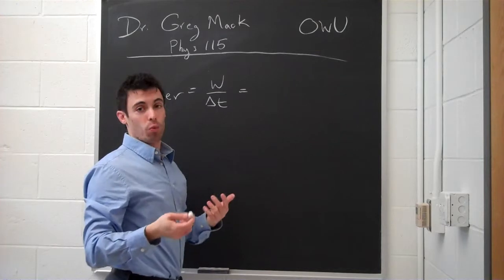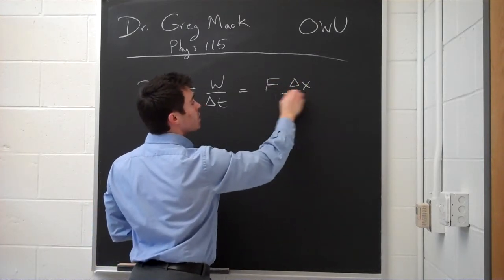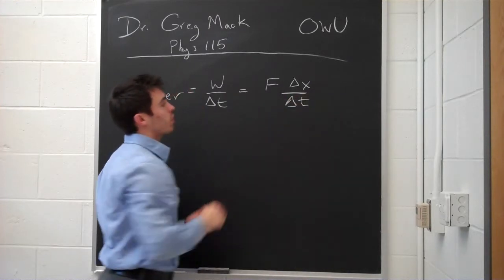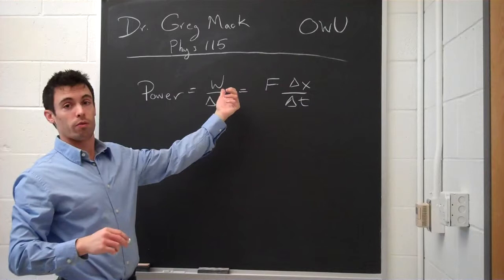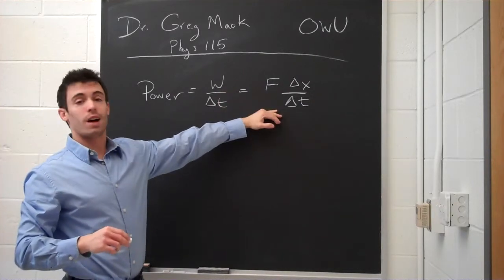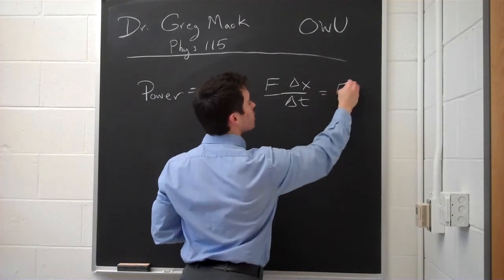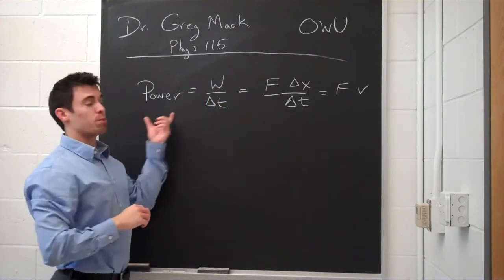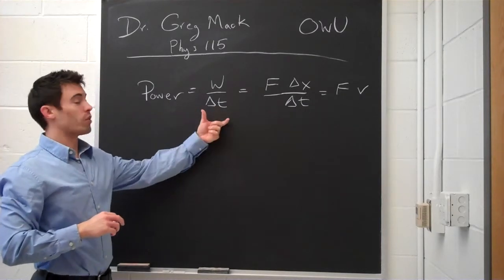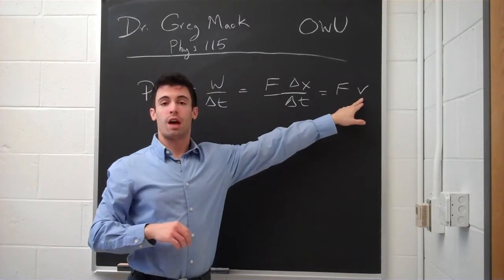Or, since we know that work also has the definition involving force, then it would be the F delta x, which is another way of talking about work, divided by the change in time to give us F times the average velocity. So the average power is equal to the work over the delta t, and it's also equal to the force times the average velocity.